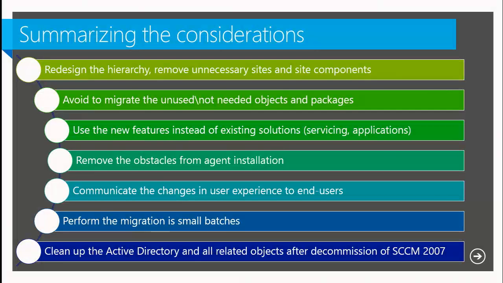And if you are using image-based installation for the operating system deployment, you will be able to use the servicing functionality of SCCM 2012, which enables you to install software updates in an offline mode to the operating system installation images. You have to remove the obstacles from the agent installation.